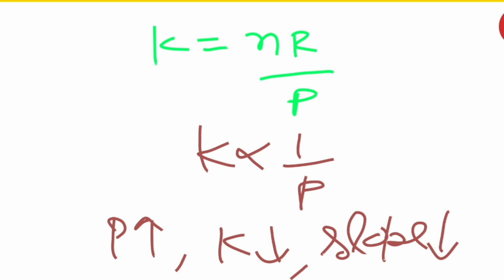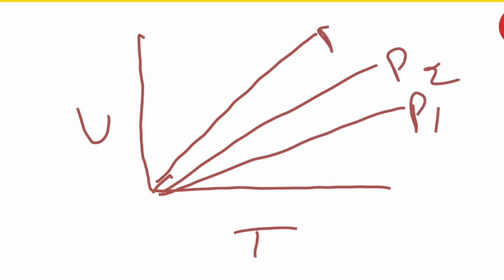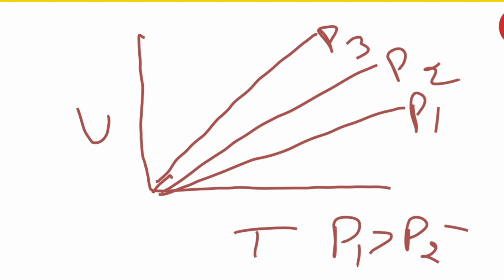So now let's see that graph once again, what I made previously between V and T. Please see, this is V and this is T. And what I told you over there, three curves were there, yes or no? This is P1, this is P2, and this is P3. So it means P1 will be greater than P2, greater than P3.